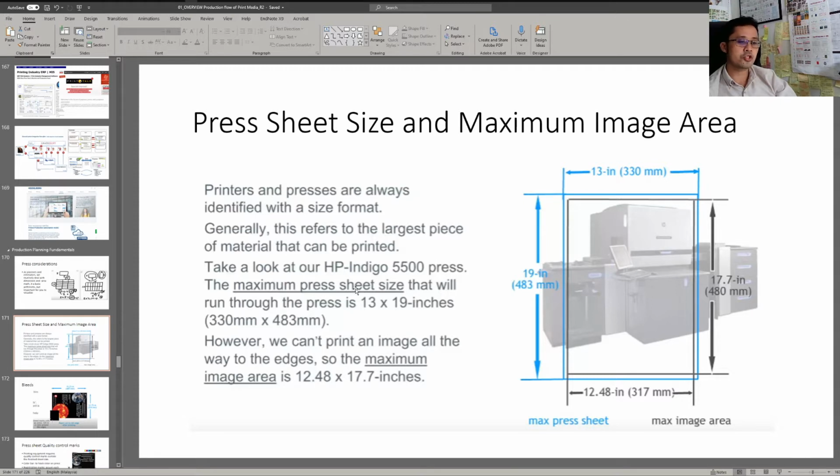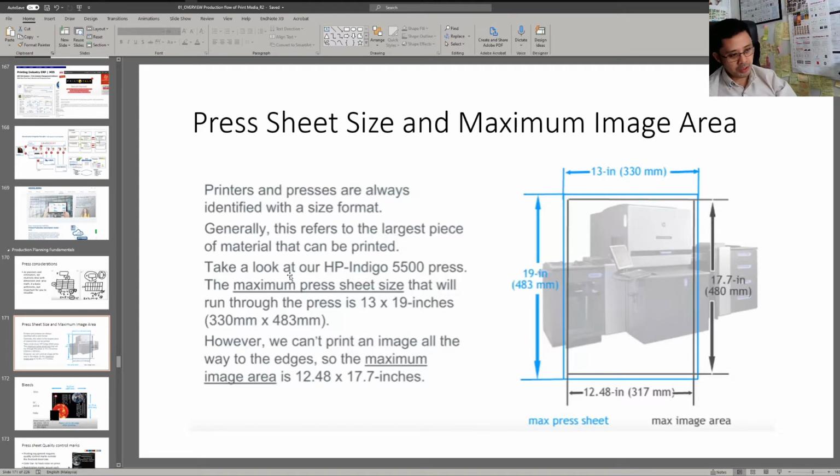Maximum press sheet size that will run through the press, yang boleh melalui ataupun digunakan adalah sebesar 13 kali 19 inci ataupun 330 kali 483. Okay, that will be the maximum press sheet size.